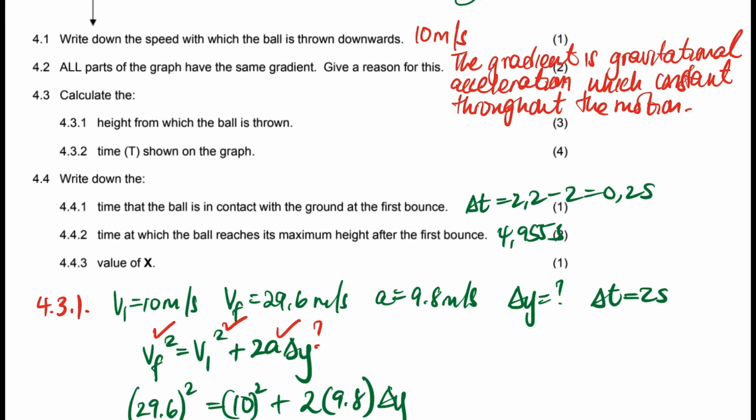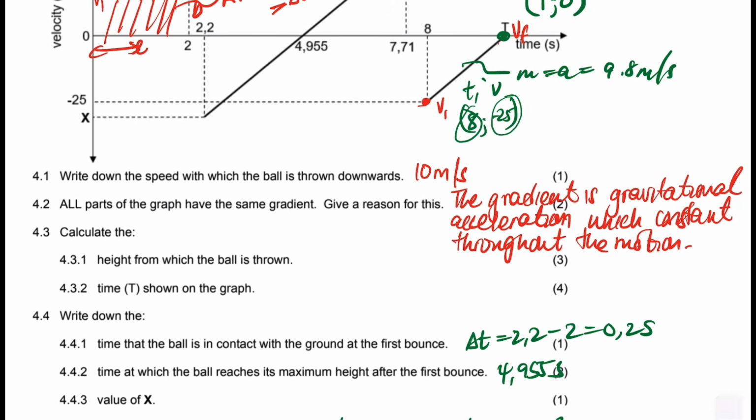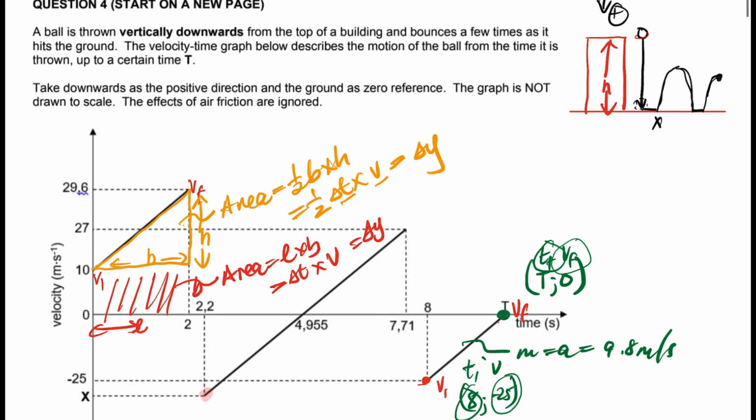So it reached the maximum height at 4.955 seconds. Now let's look at the value of x in the graph. This part of the graph is when it leaves the ground from the first bounce with that velocity, and reaches the ground with a velocity of 27.